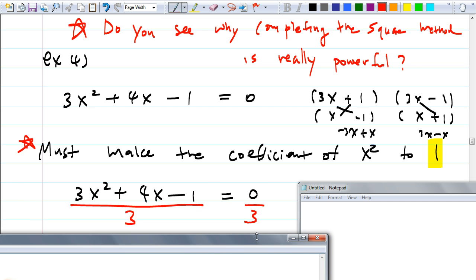So you would divide by 3 first before adding 1 to both sides. Exactly. Because if you don't do this step correctly in the very beginning, you will not be able to complete the square. Some of you will want to just add 1 and so forth, but you don't want to do that right now. You want to make the coefficient equal to 1.